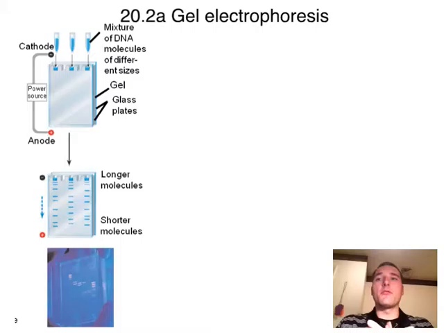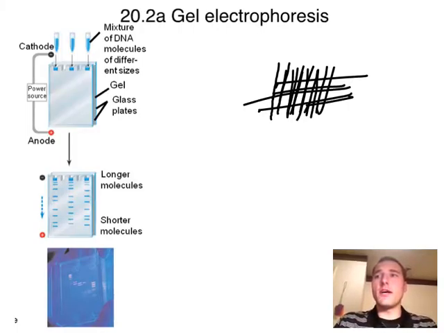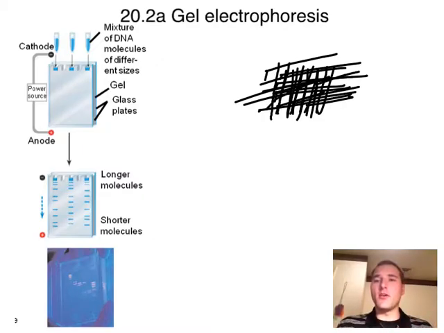Okay. This isn't going to be exactly accurate, but if I looked at the microscopic level of the agarose gel, it's going to be basically a whole bunch of fibers that are overlapping, and that means that there are little spaces in between these fibers of this gel.